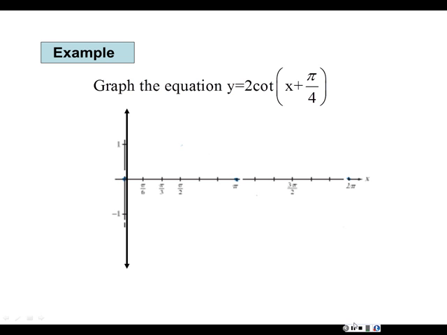Now, one is here, which is negative pi over 4, and the other one is here, which is 3 pi over 4. Now what is going to be the midpoint?